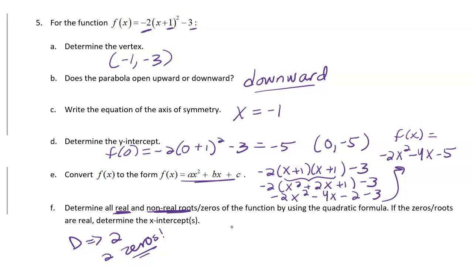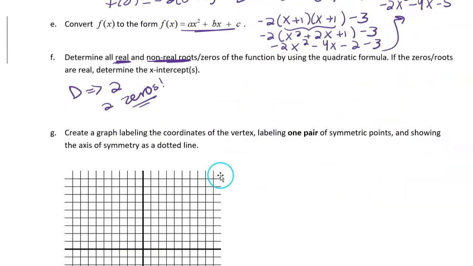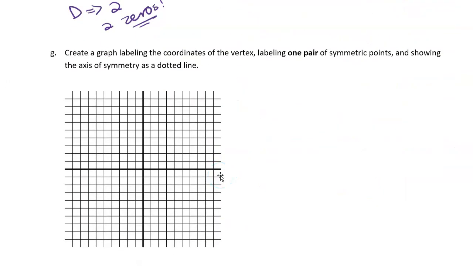So if you think about how this graph looks, let's go ahead on down to the graph here. Okay, and plot that vertex, which is -1, -3, and plot your y-intercept, which is 0, -5, and think about that axis of symmetry that's coming through there. And we know it opens downward, and so you can see this right side pretty clearly, right?